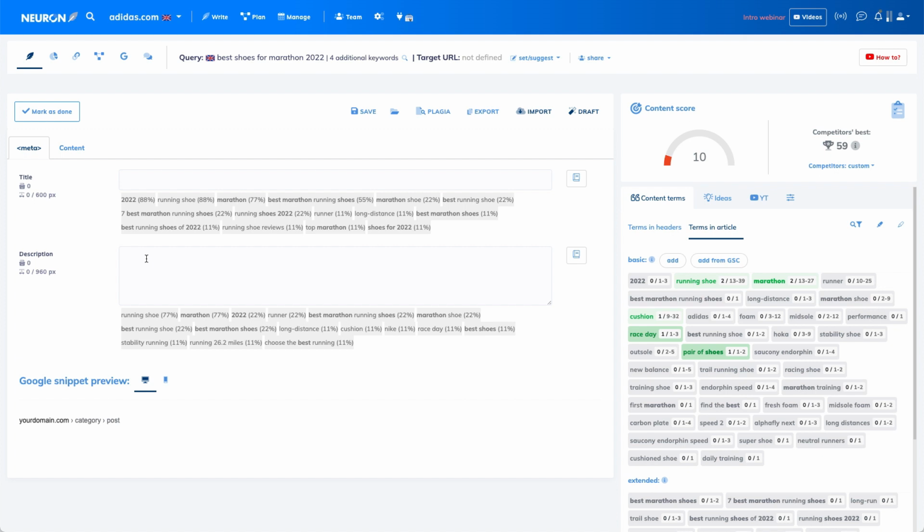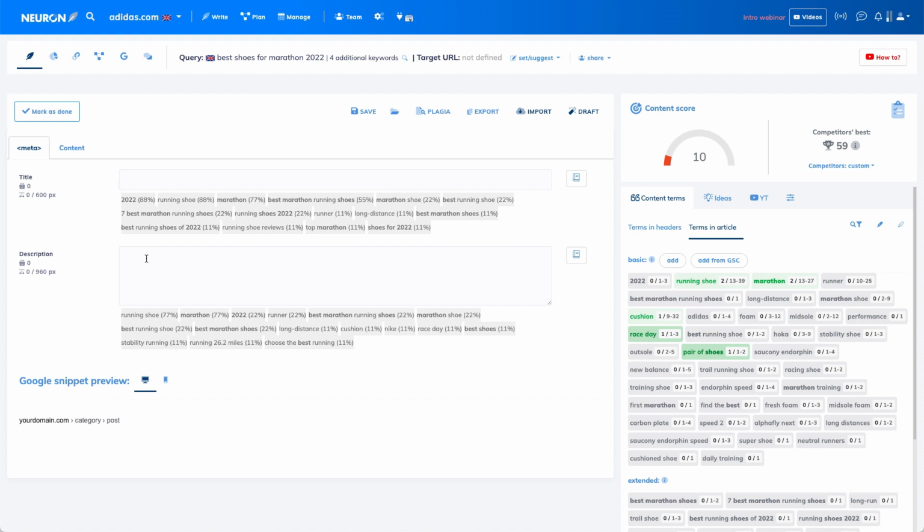So sometimes your content, let's say, is talking about the best shoes for the marathon 2022, and your title can be best shoes for running the marathon 2022, and that will be fine. But you can also have something like marathon shoes, which one, or how to choose, whatever, and then Google can try to rewrite it.